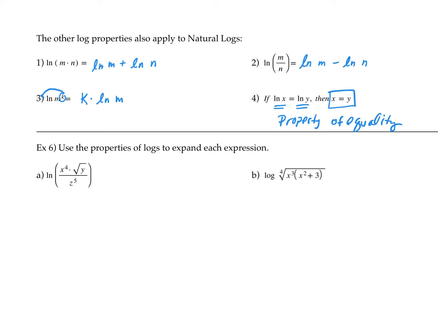Okay, so like we did with common logarithms or regular logarithms with different bases, we're going to use the properties of logs to expand each expression. So the first thing that I would do is look at this division. I would use that property first to rewrite it using some subtraction. I think the key to this is not trying to do too many things at once.